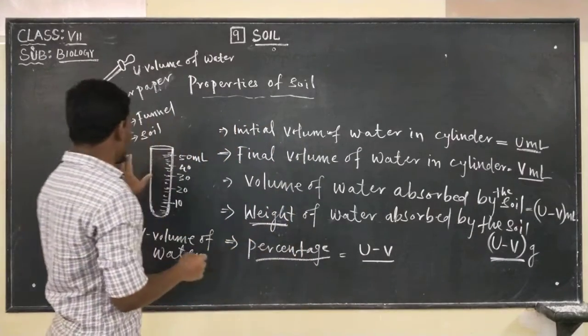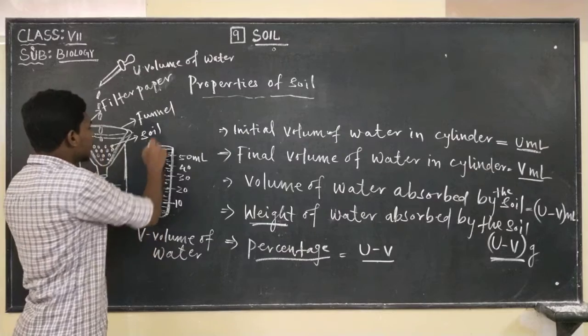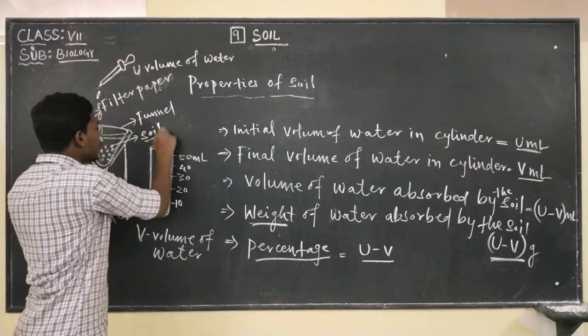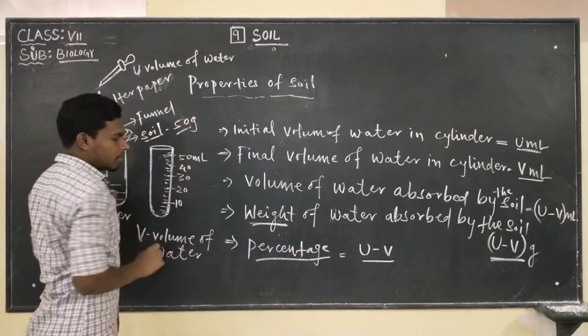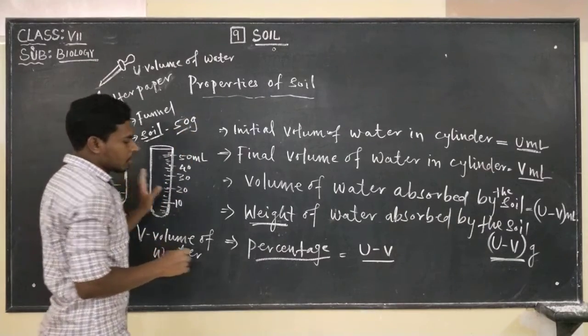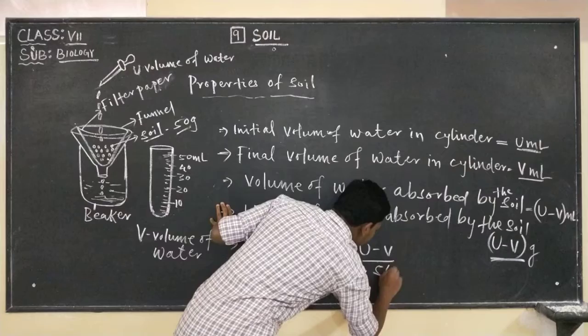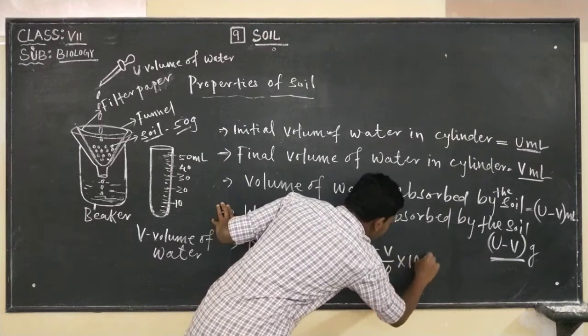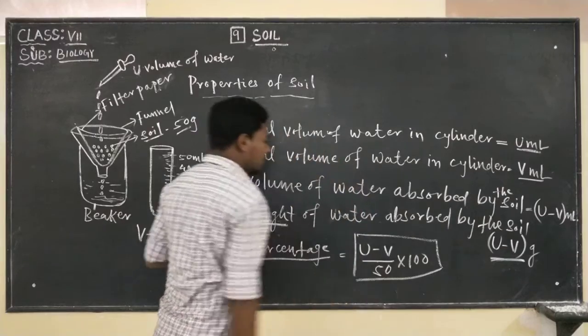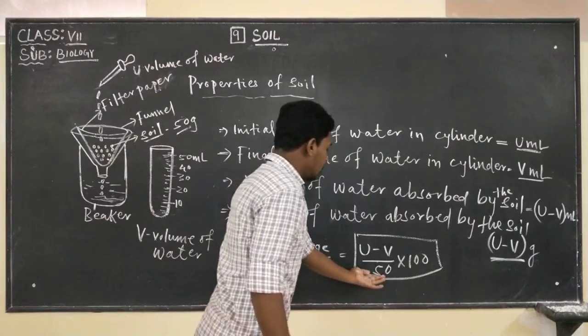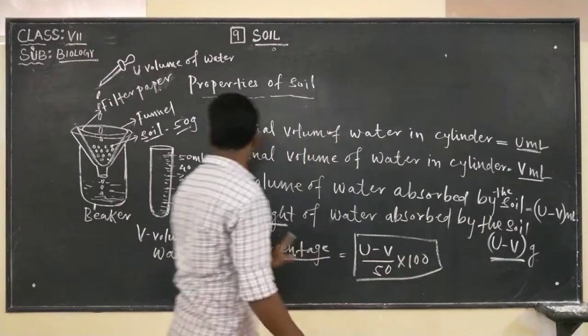For example, we have taken 50 grams of soil, so U minus V by 50 into 100, this is the formula.